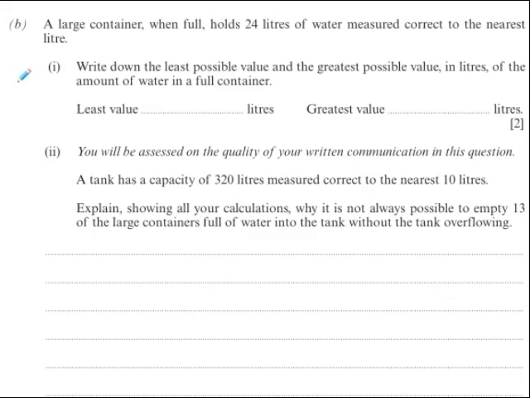So it says it holds 24 litres of water measured correct to the nearest litre. So the least value, considering normal rounding, the least it could be is 23.5 litres, because you've got a 5 there. That rounds up to the next litre, so it rounds up to 24 litres, which is what we've got there.